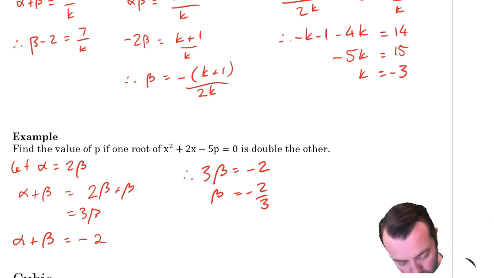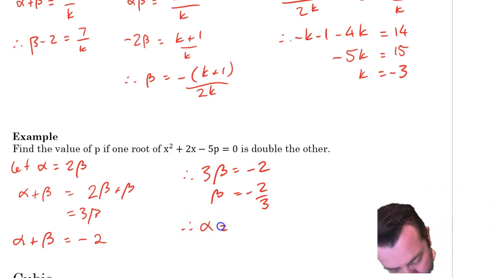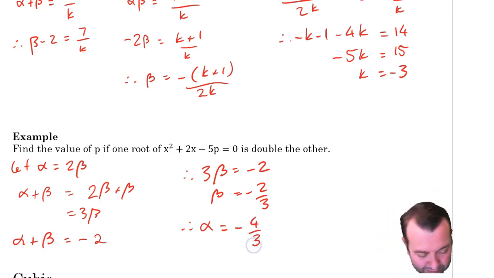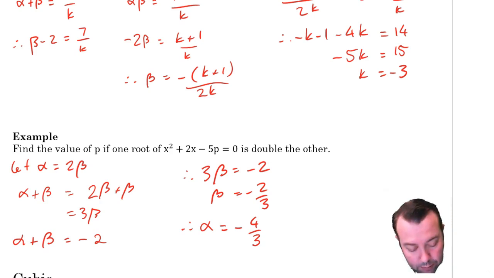What else do we know here? Oh yeah, alpha equals 2 beta. Therefore, alpha equals negative 4 over 3. And that's it. Rightio, now I could have a look at what happens with the product.